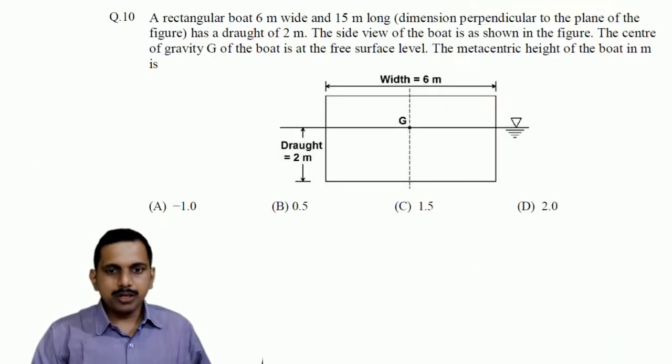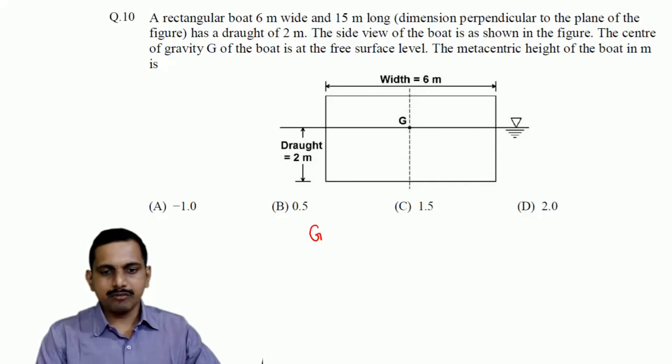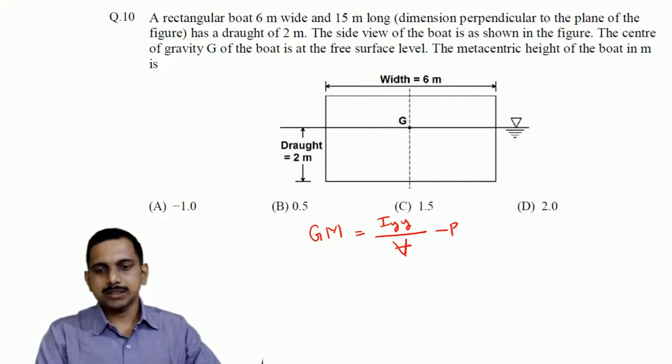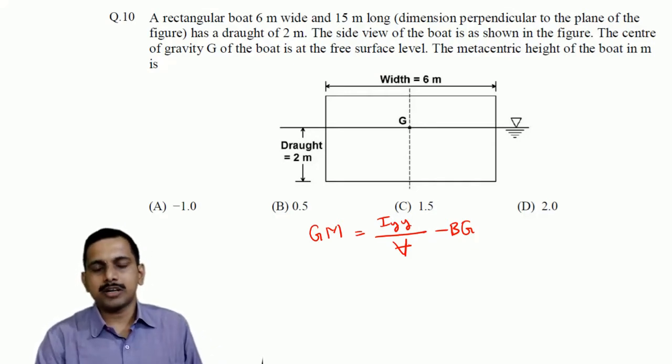The formula for metacentric height is given as GM, that is center of gravity to the metacentric point. GM is equal to Iyy divided by volume minus BG. Let me tell you, my reference book is S K Som and Biswas. If you have any trouble, you can refer to that book. Iyy, the yy axis is the axis about which I have to take the moment.